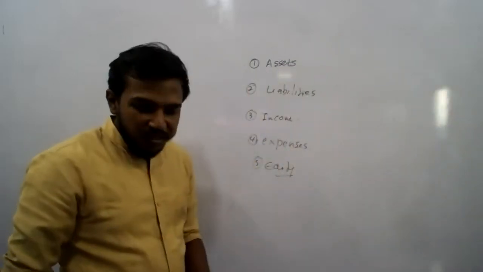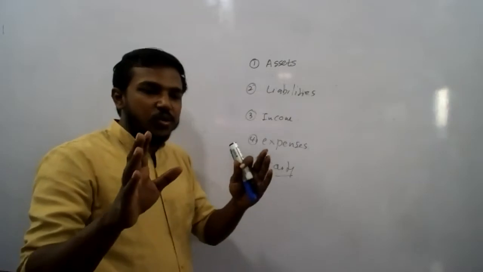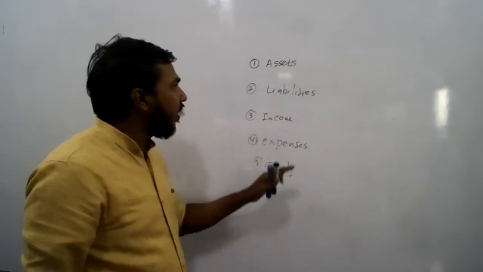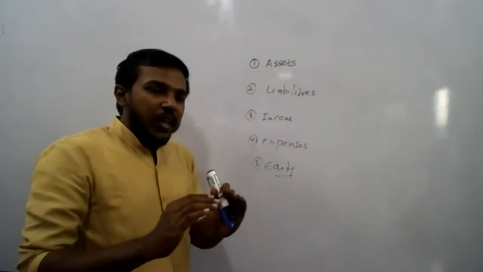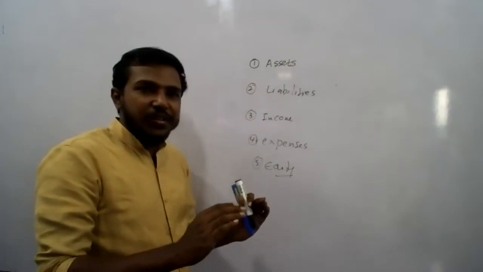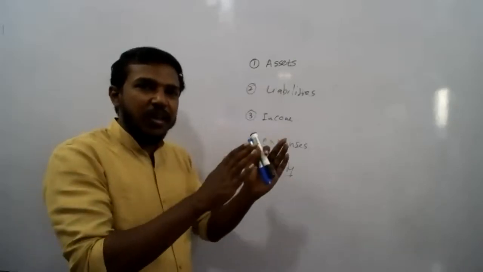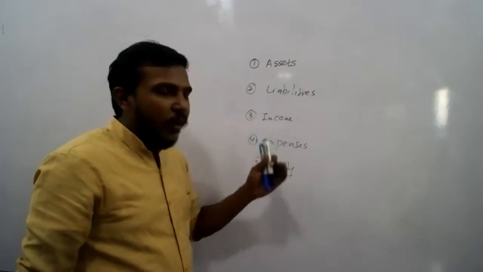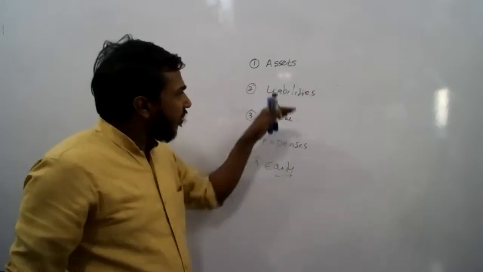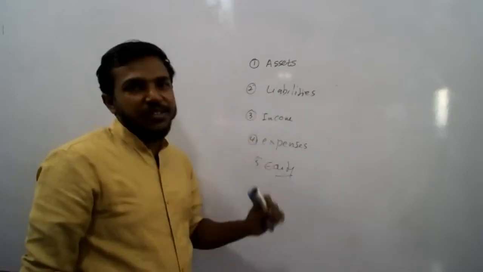Since there are some students who are listening for the very first time about these things, just keep it in mind. For assets, you can use the definitions that we discussed previously, that means before 2020, because from 2020 onwards these definitions were changed.